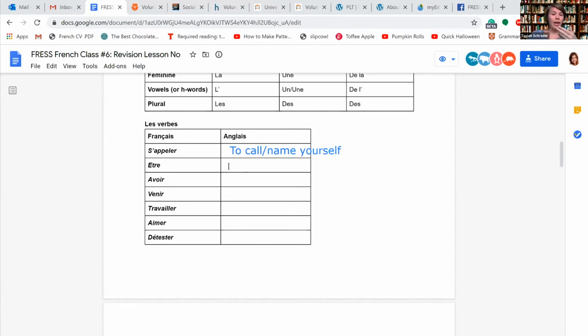Then you have être, to be. Okay, this is both a verb and an auxiliary. It's a verb that allows you to tell a tense. Often we will use être or the next one, avoir, to have, which is the other main auxiliary in French.